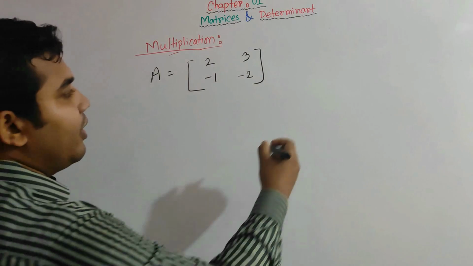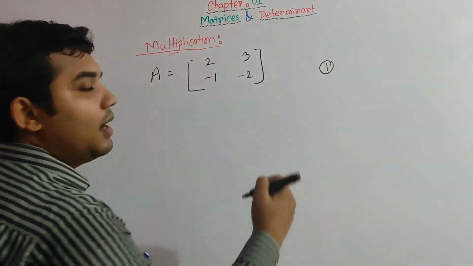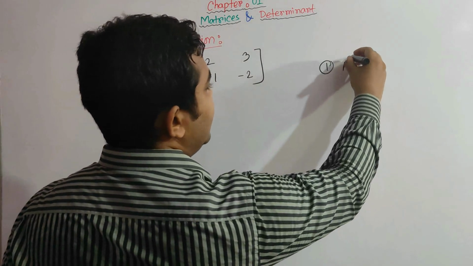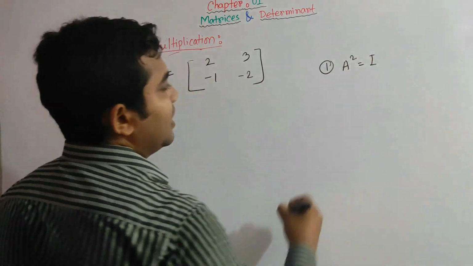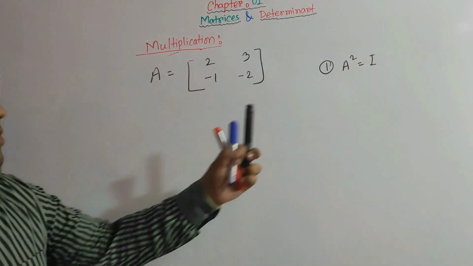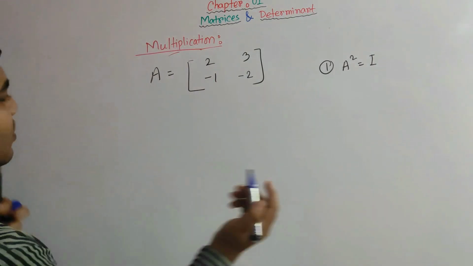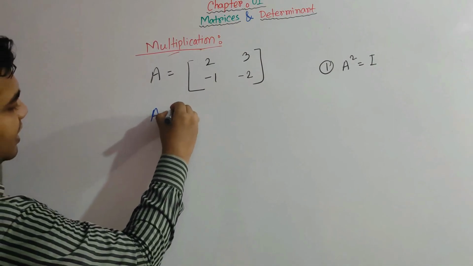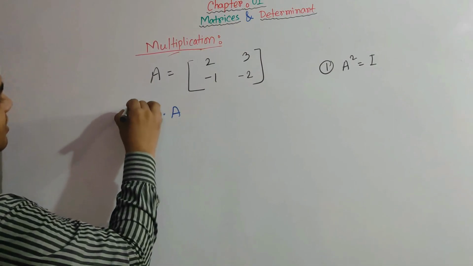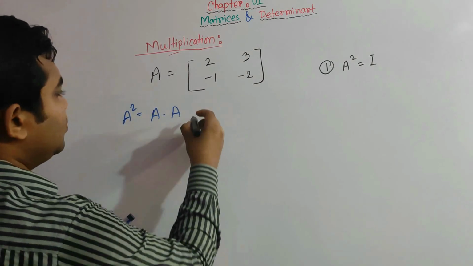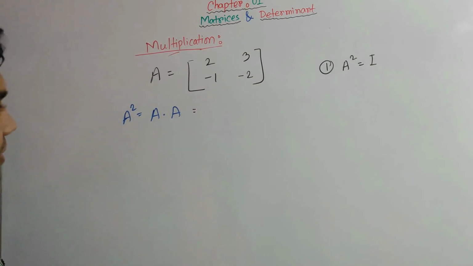What did our involutory matrix say? Can you remember this? Our involutory matrix says that A square must be I, isn't it? A square must be I. If A square is I, then what do we have to do? A square means A into A. So we have to multiply these two matrices, isn't it?